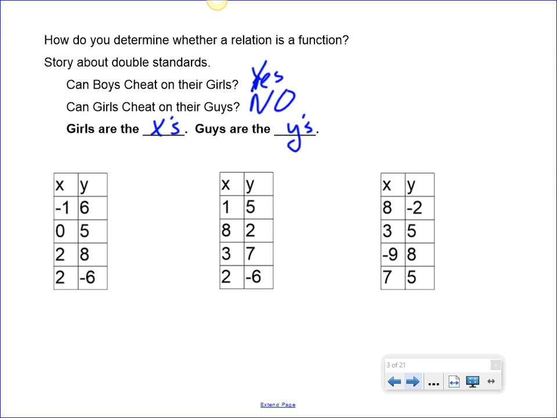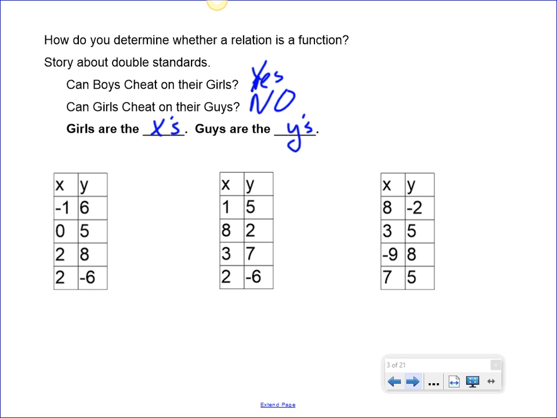So this is what we're looking at. If we look down this set of ordered pairs, which is a relation, and we're trying to determine whether it's a function, we've got a -1 with a 6, where -1 is the girl and 6 is the guy. We've got a 0 with a 5, a 2 with an 8, and a 2 with a -6.